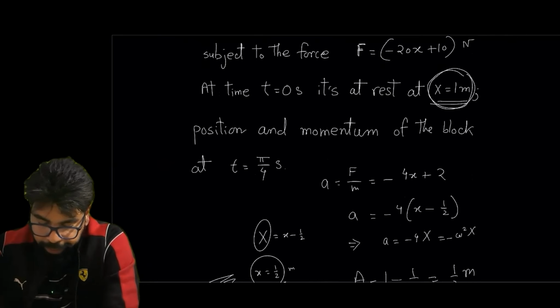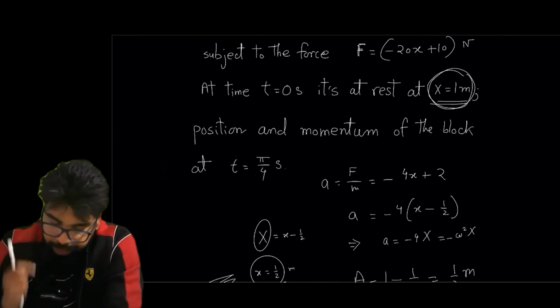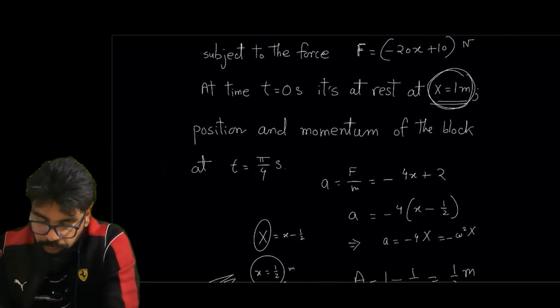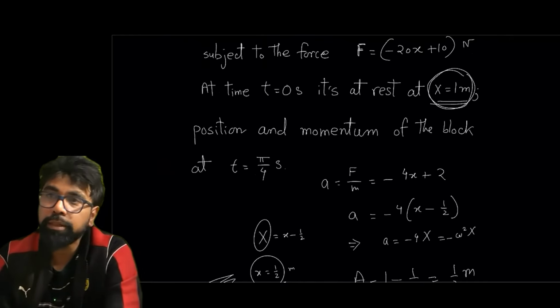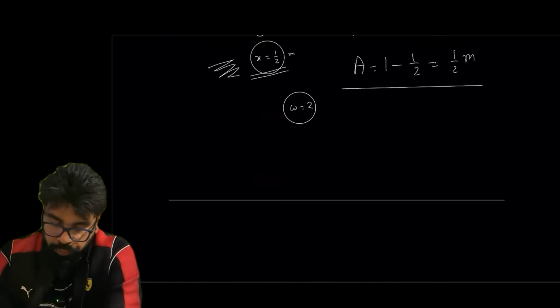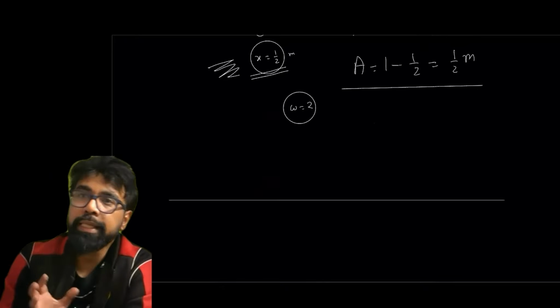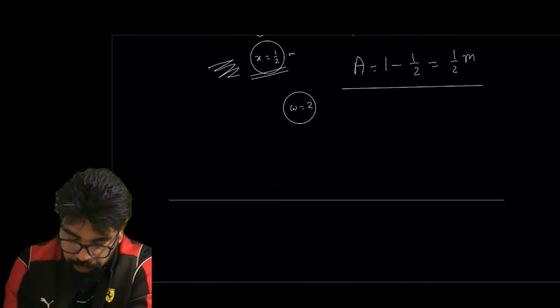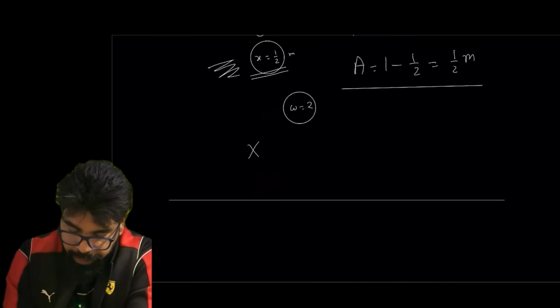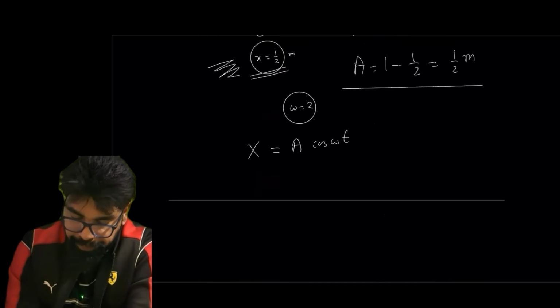Also, because it is at rest, it is starting at t = 0 from the amplitude. This means it has to come back to the mean position. From SHM theory, whenever the SHM starts at the end and the particle comes back to the mean position, the equation of the SHM, the displacement capital X, is going to be A cos ωt.